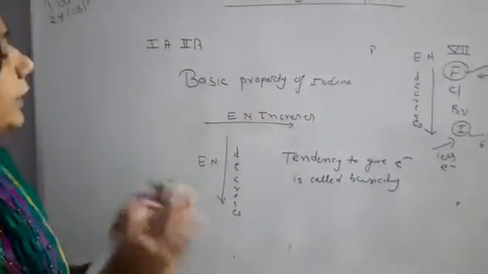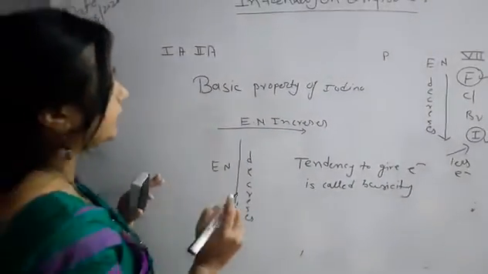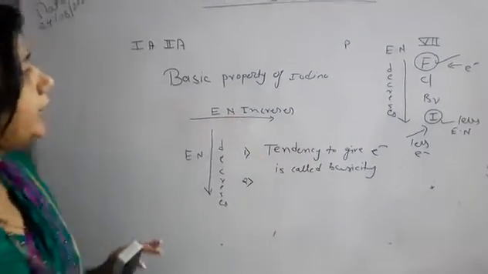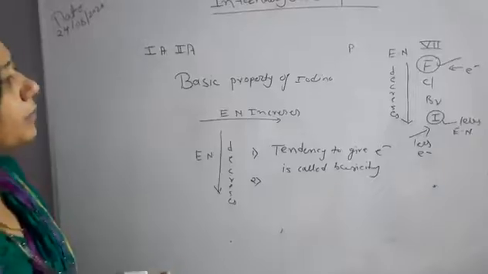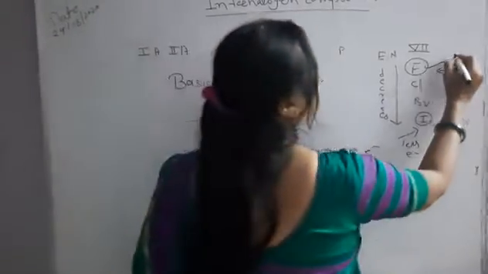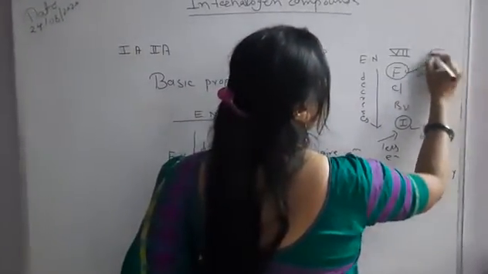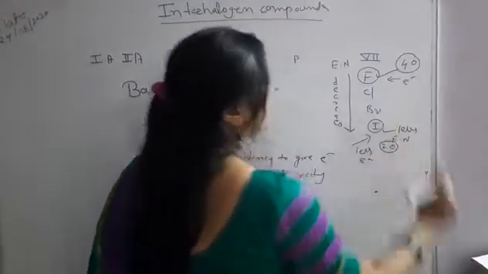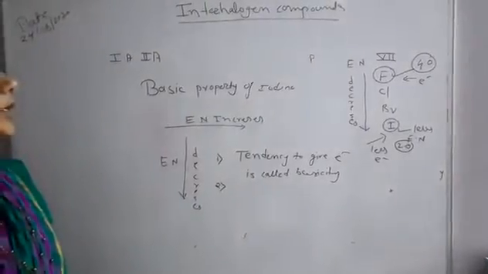Now why is iodine basic in nature? In interhalogen compounds, this is the first point. In the second point, iodine forms various compounds. Fluorine has an electronegativity near about 4.0 and iodine has a much lower value.